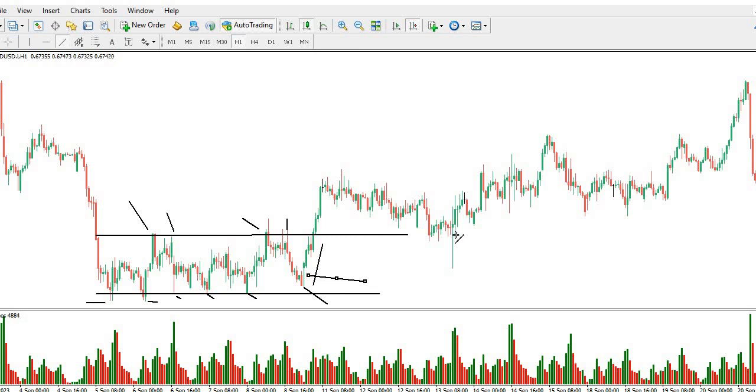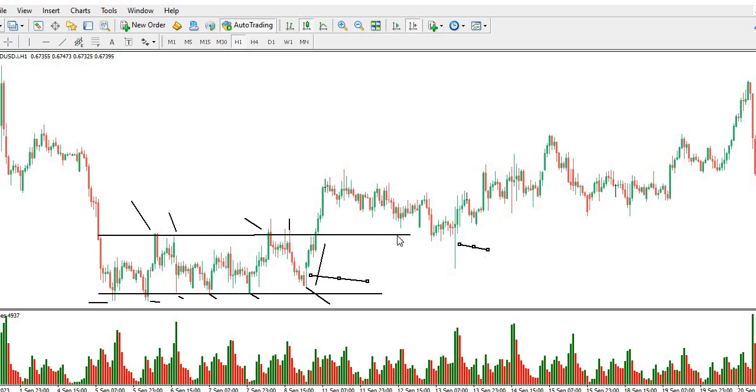Here we saw the market formed this candlestick with a huge wick. The wick is literally huge, and the body closed above the breakout of the trend line. Look at this wicky candlestick body that closed above the breakout of this trend line. So at this point we will enter the market and place our stop loss below the wick, below the candlestick.